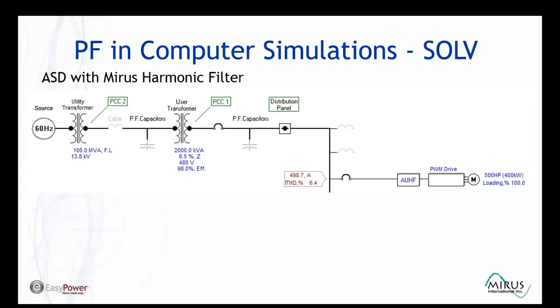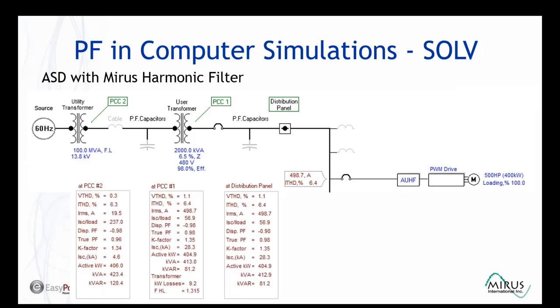If we run another analysis with a harmonic filter added to the input of the variable speed drive, we can see that the distortion is reduced, our current distortion is reduced down to 6.4%, which also reduces our voltage distortion.